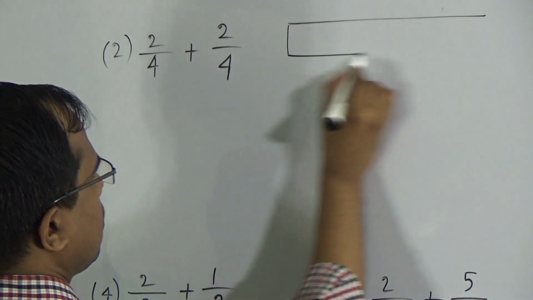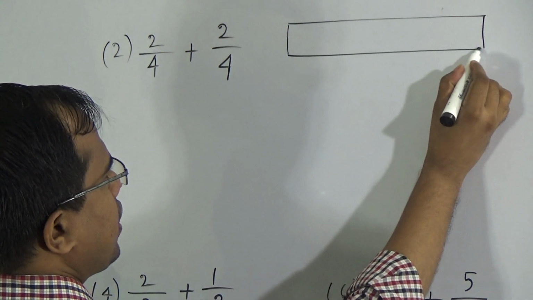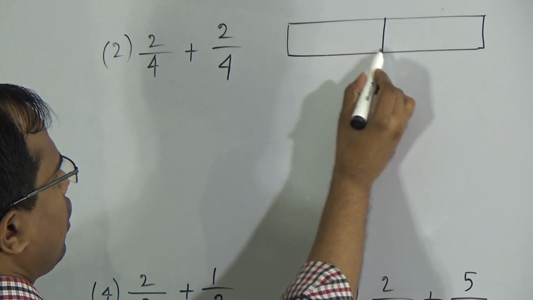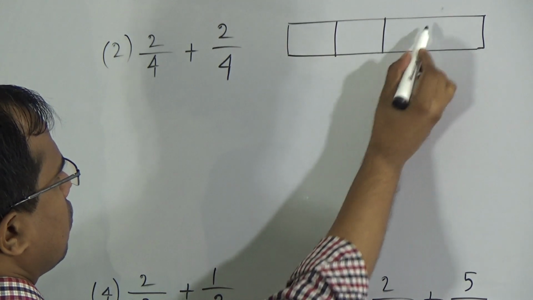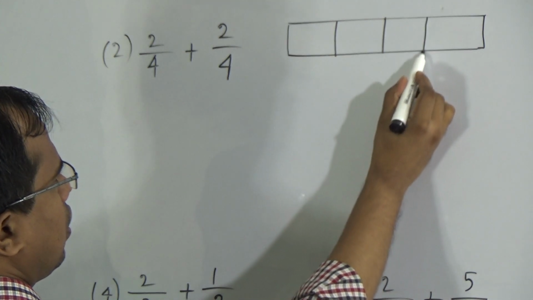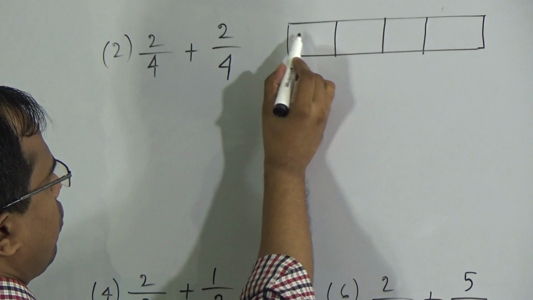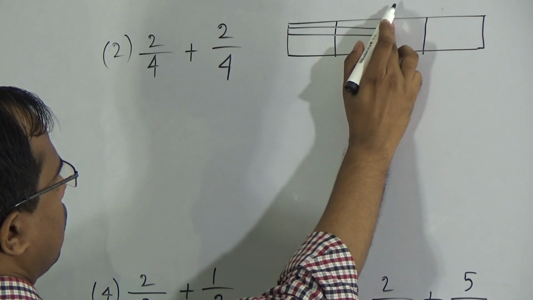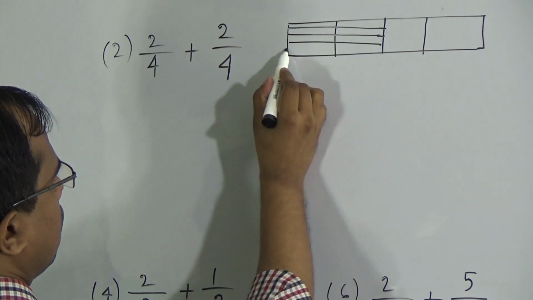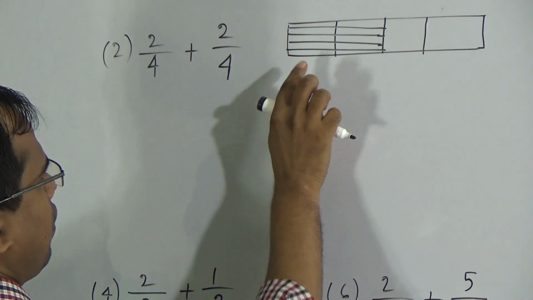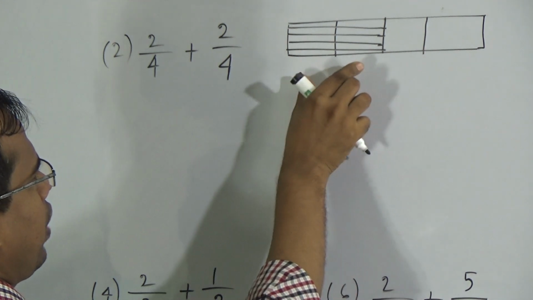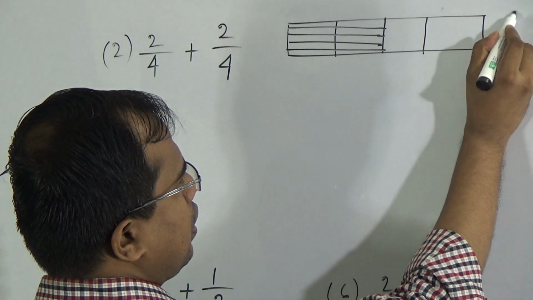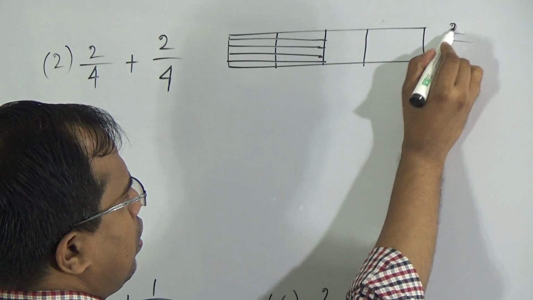Suppose this is a bread and we have divided this bread into 4 equal parts. Now out of these 4 equal parts we have taken these 2 parts. Total parts 1, 2, 3, 4, and we have taken these 2 parts. That means its name will be 2 by 4.